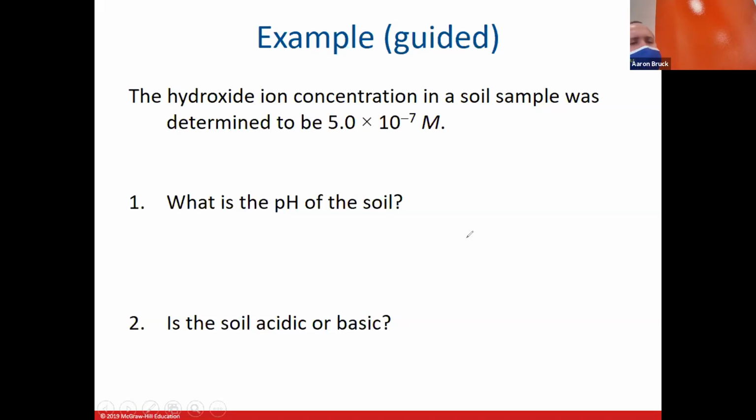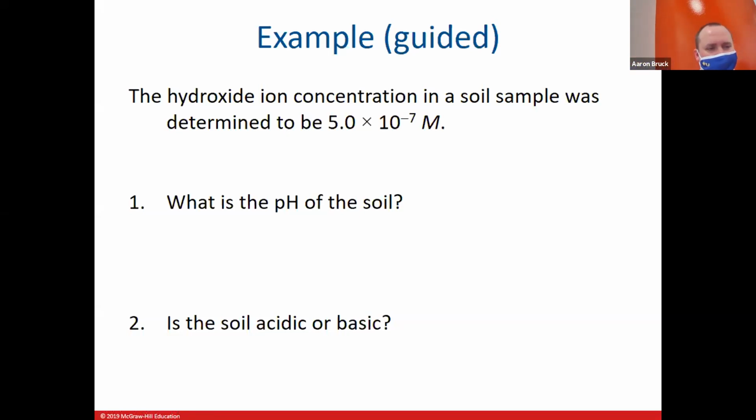All right, let's try another one. The hydroxide ion concentration in a soil sample was determined to be 5 times 10 to the negative 7th molar. What is the pH of the soil, and is it acidic or basic? Now, there are two approaches that we can take to this problem.